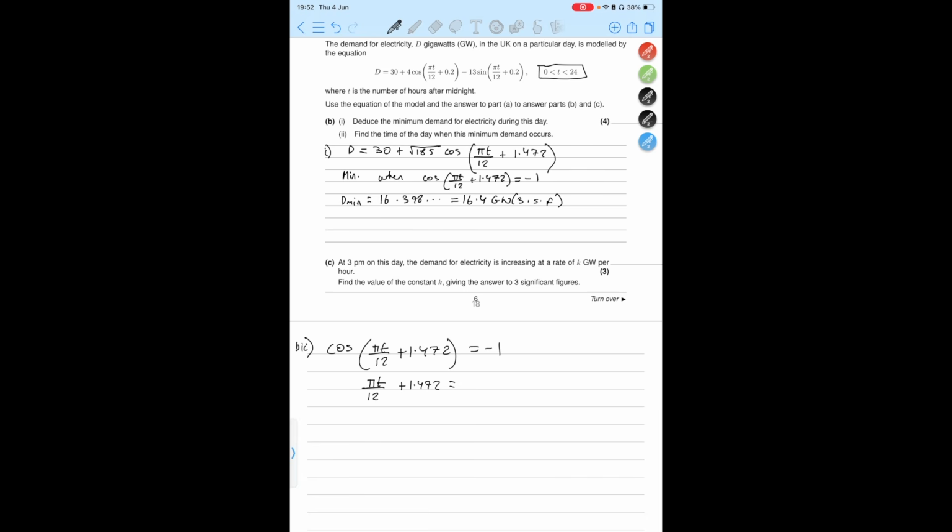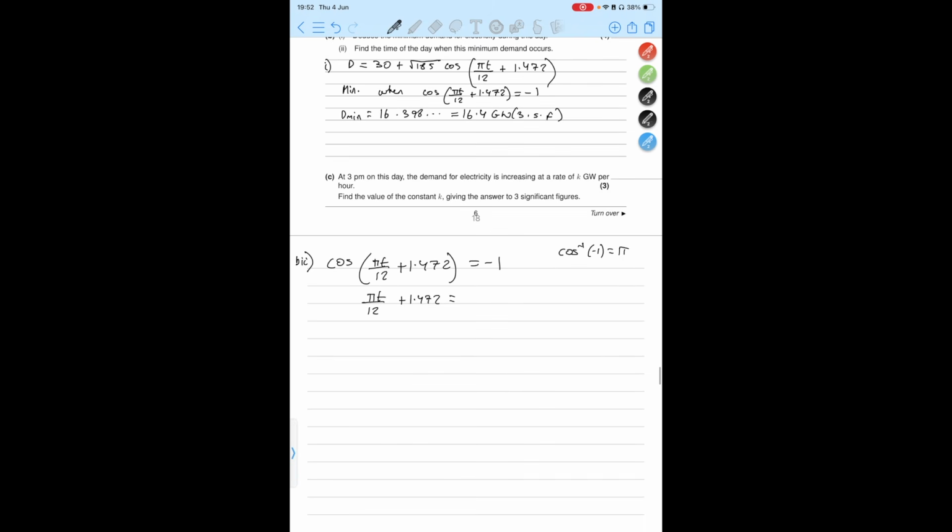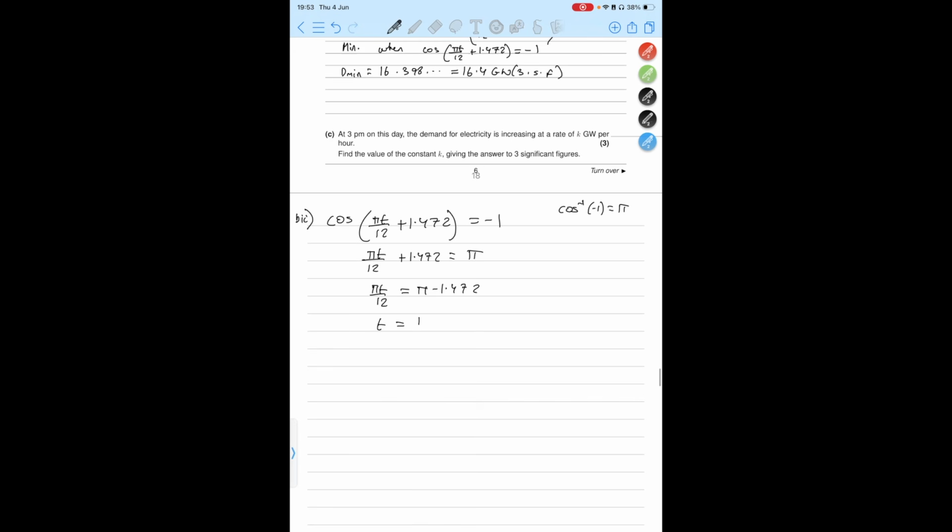So the cos inverse of -1 equals pi. So pi t over 12 plus 1.472 equals pi, so pi t over 12 equals pi minus 1.472. So t equals 12 times pi minus 1.472, all over pi.